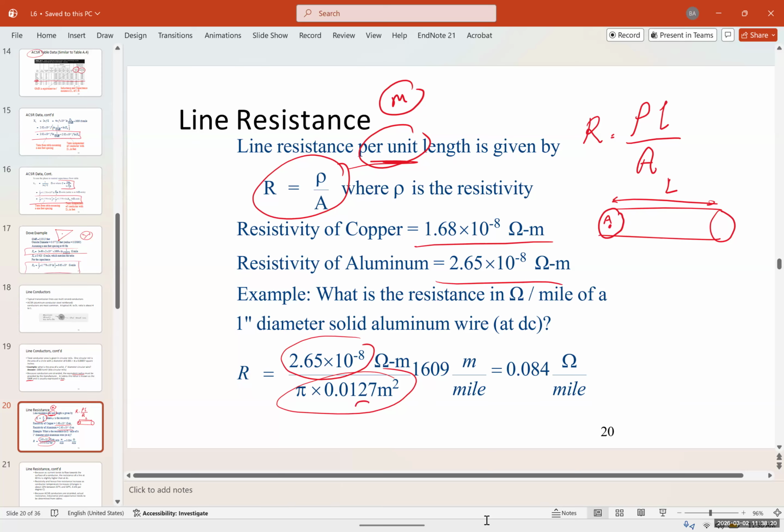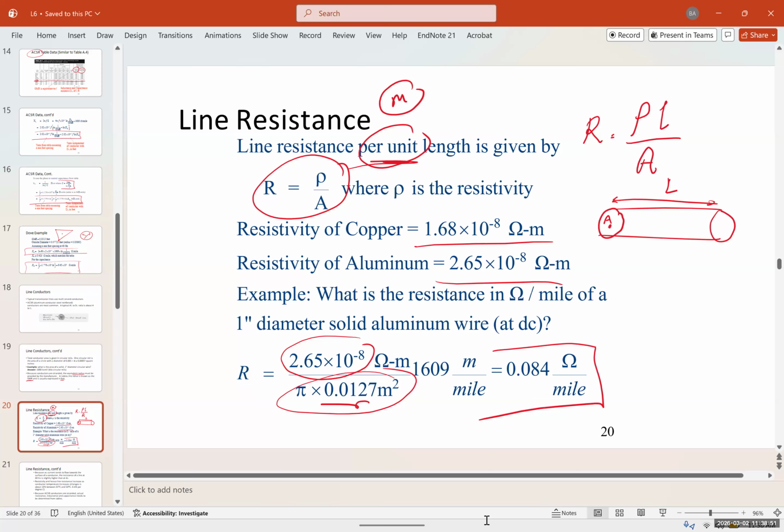And we convert inch to meter. So it's going to be 0.0127 square meters, and then we multiply by 1609, which is the conversion from miles to meters, and the result would be 0.084 ohms per mile.